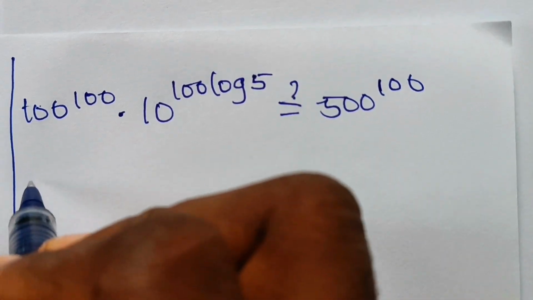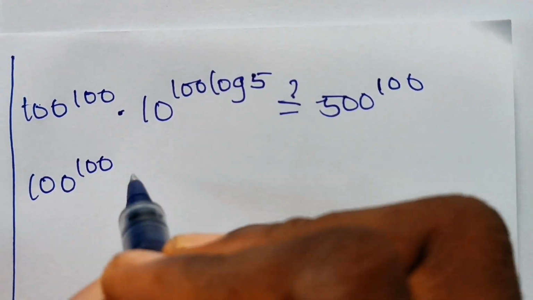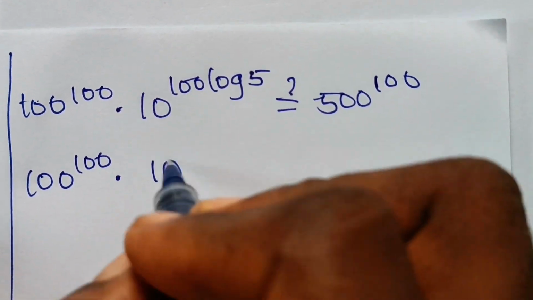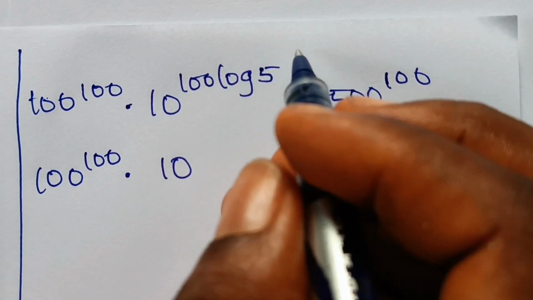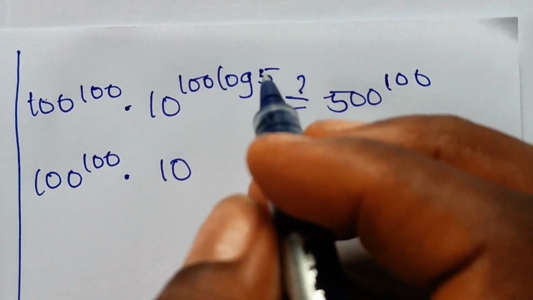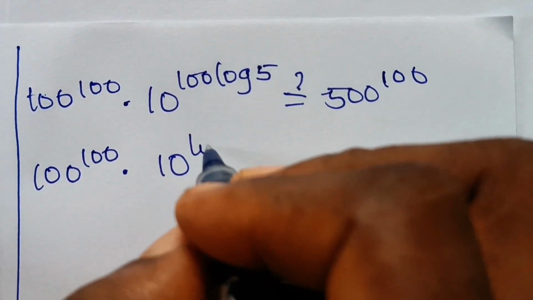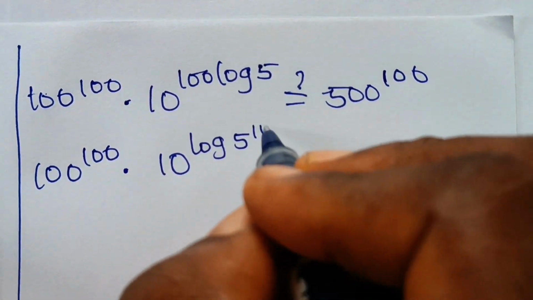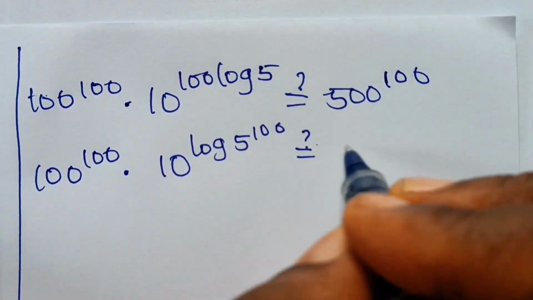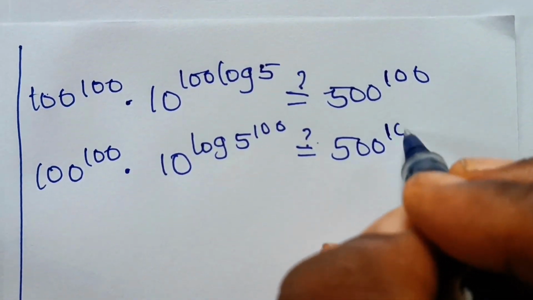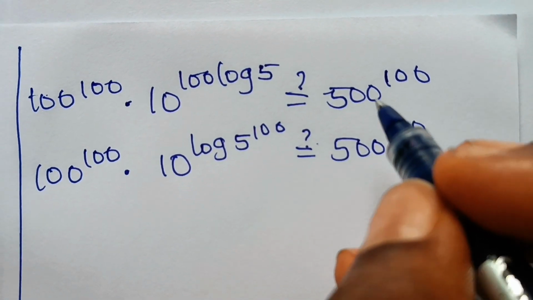Now we have 100 to the power of 100 multiplied by 10. This 100 can go to multiply to become the power of 5, using the power rule. So we have log 5 raised to the power of 100. Now is this really equal to 500 to the power of 100?